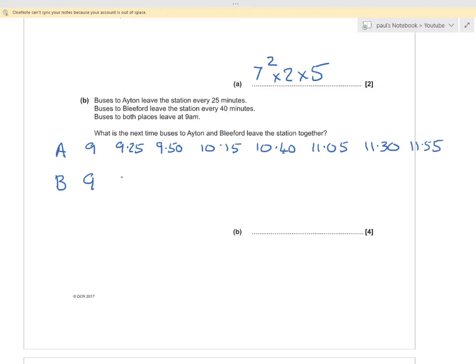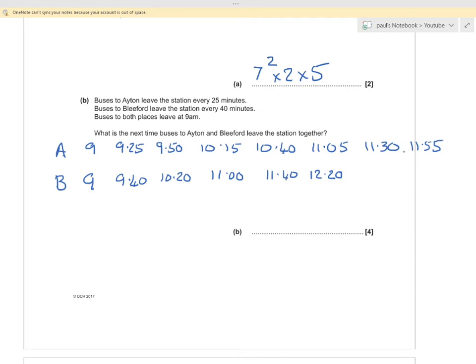Now every 40 minutes. So we've got 9:40, 10:20, 11:00, 11:40, 12:20.